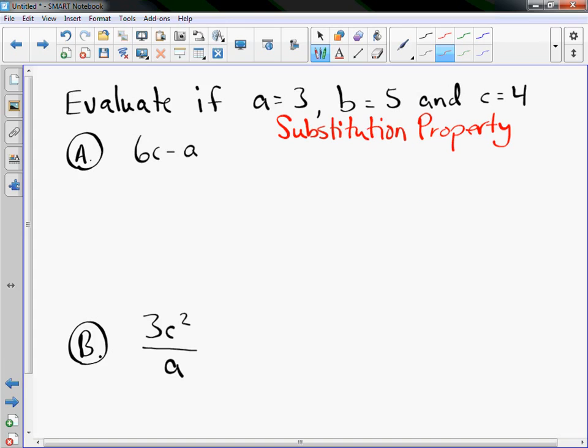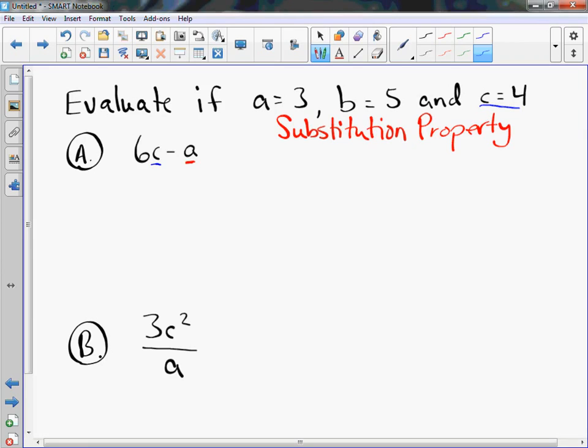So in this case, A is 3, as it says right here in the instructions. A is 3. So wherever there's an A in an expression, like right here, I can put a 3 in for that A. Okay. We also have C, and up here it says that C is 4. So we should be able to plug both of those numbers in.